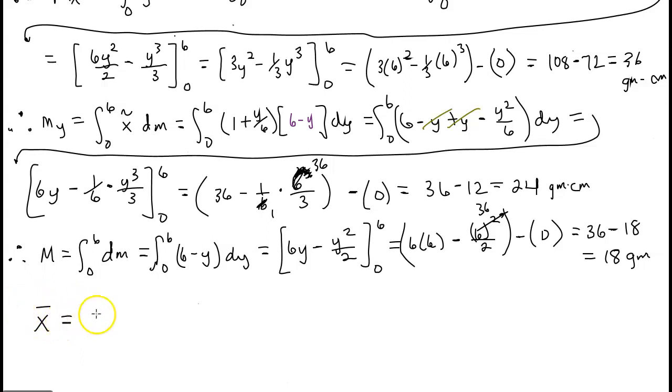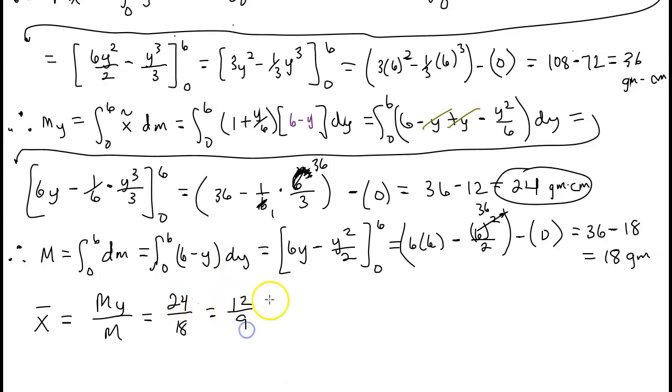Okay. And so now to finish up, we know that the x coordinate for the centroid is going to be the moment about the y divided by system mass. And the moment about the y, we found that that was 24 divided by system mass is 18. And of course here, this would be the same as 12 divided by 9, or divided by 3, 4 divided by 3. Okay. And of course, the units here would be centimeters.